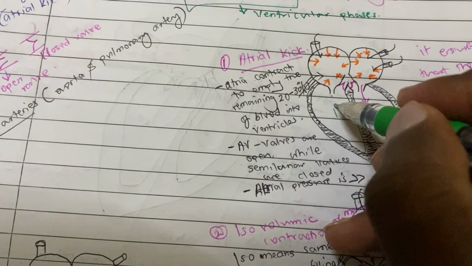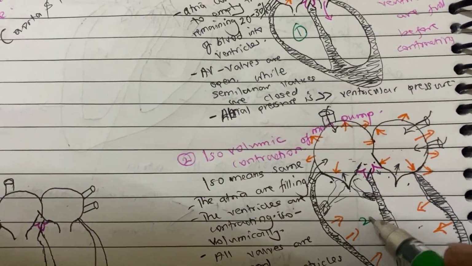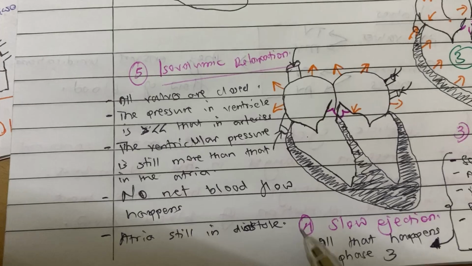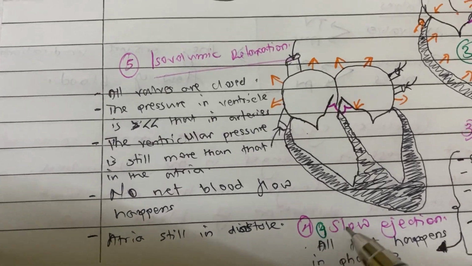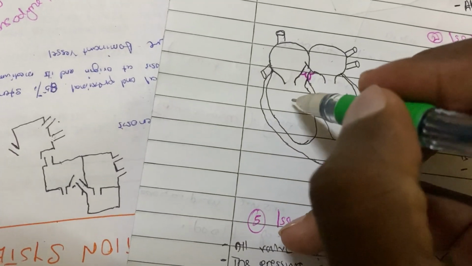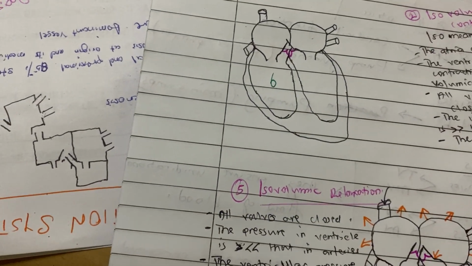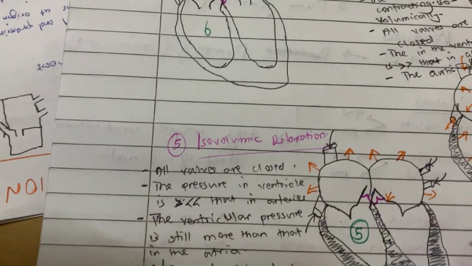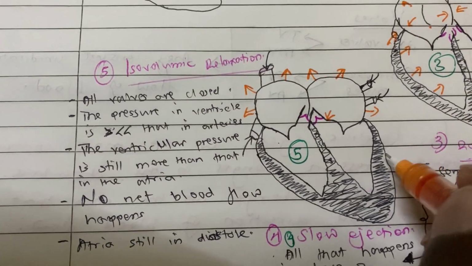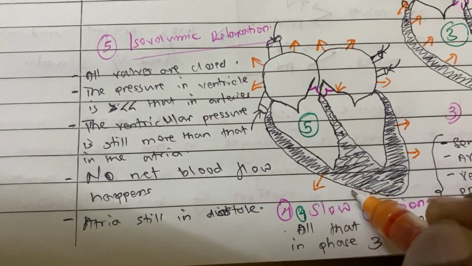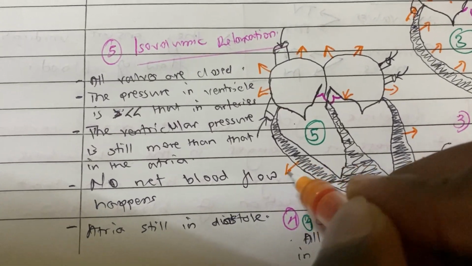This is phase 1, phase 2, phase 3, phase 4, phase 5. Now next one is 6. So this is relaxation. We have to draw arrows going outside to be consistent.